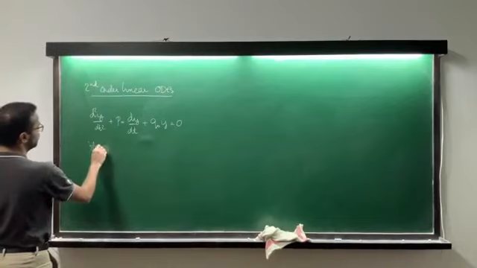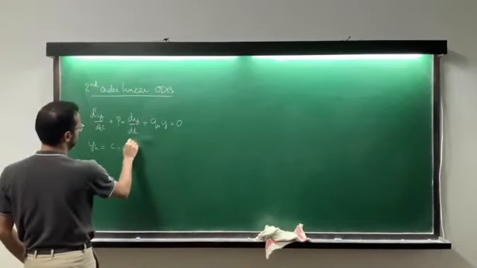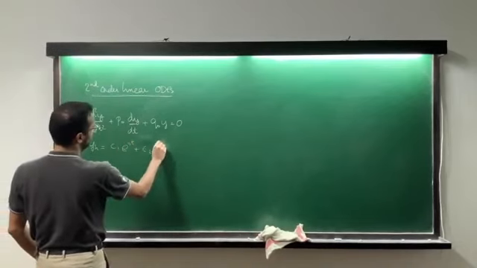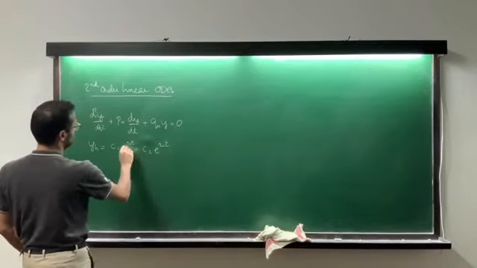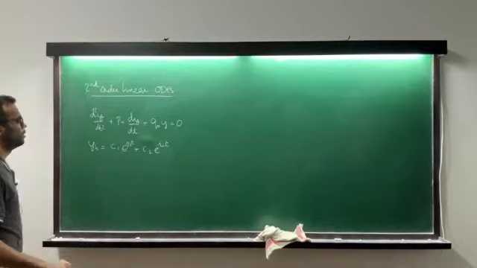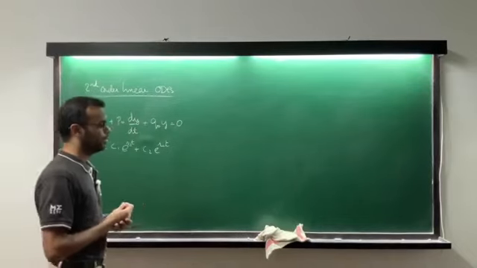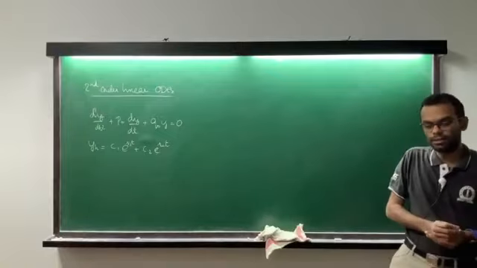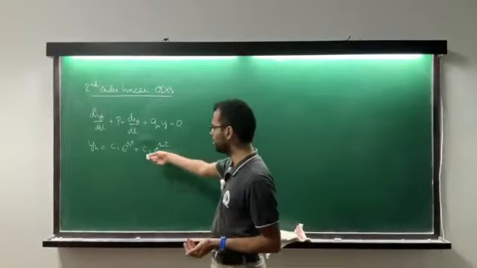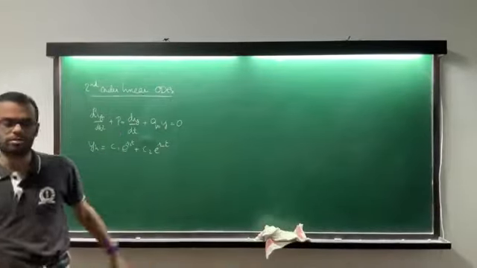We call this the y h, this is C1 e to the power of r1t plus C2 e to the power of r2t, and this was the general solution. You could put the initial conditions or boundary conditions into this, and then you can get y as a function of t. You can solve this problem.